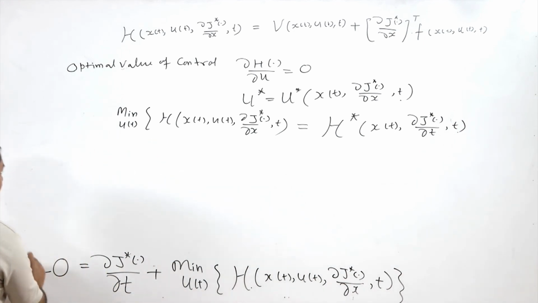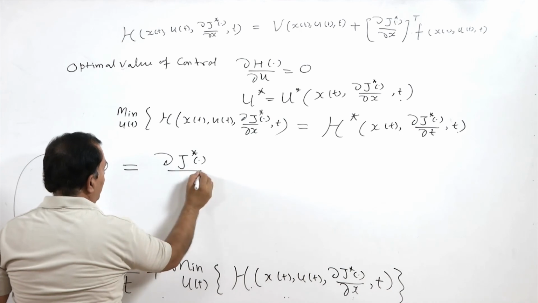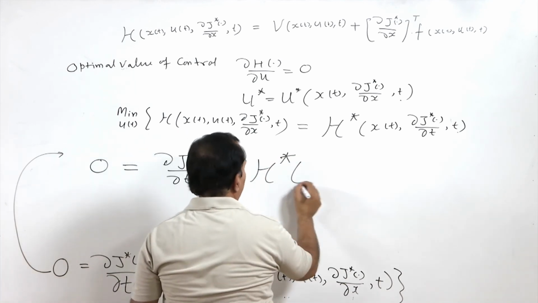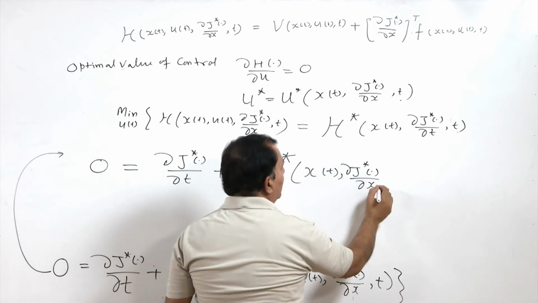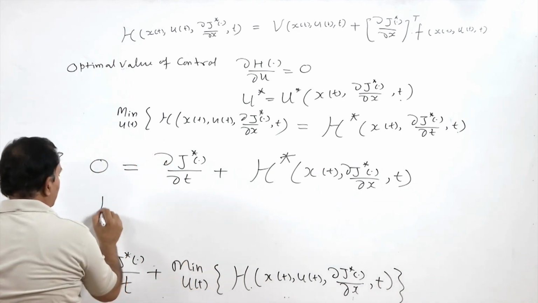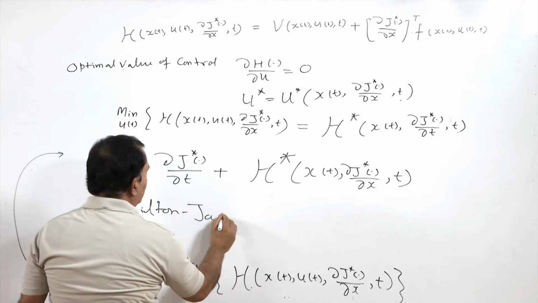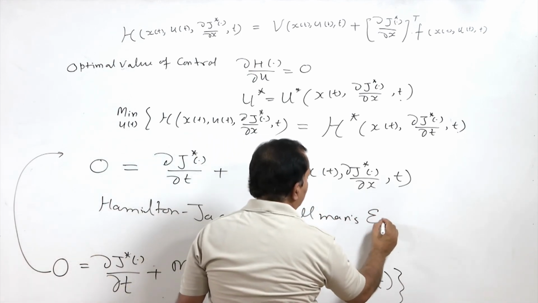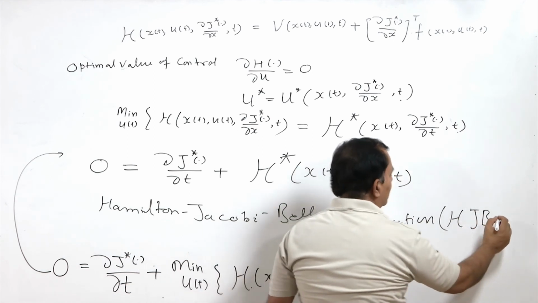So I can simply write this equation as del j star by del t plus the minimum value of h, which is a function of x, t, del j star by del x, t, and this equation is called the Hamilton-Jacobi-Bellman equation, and more precisely we say HJB equation.